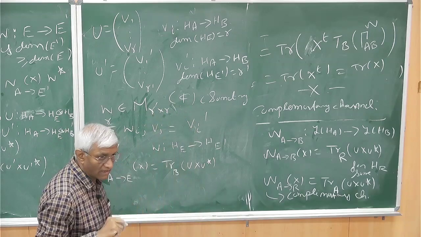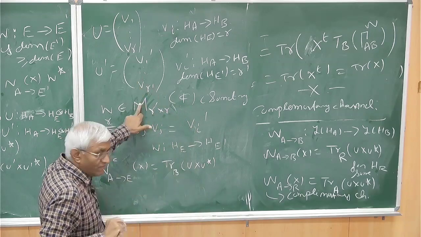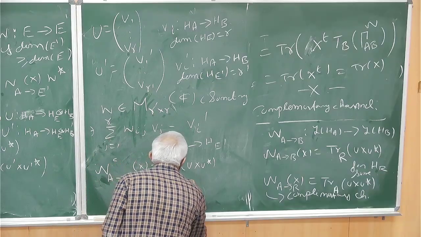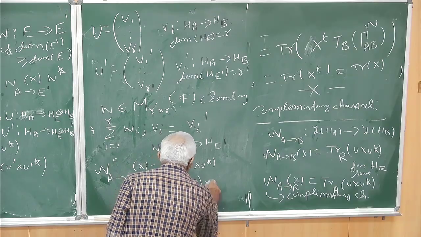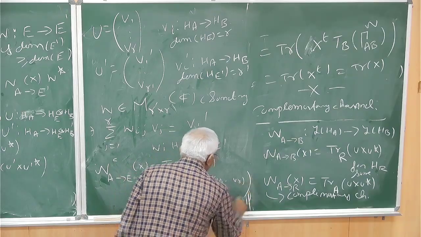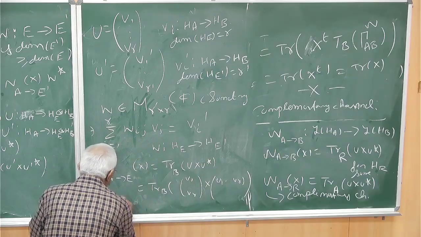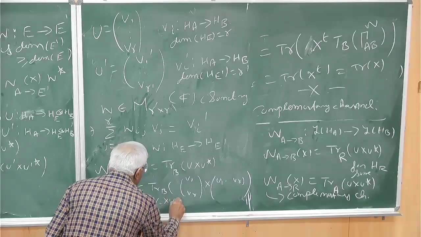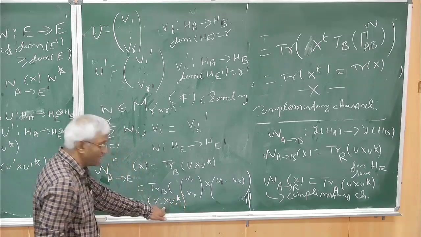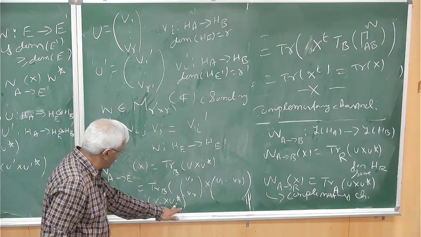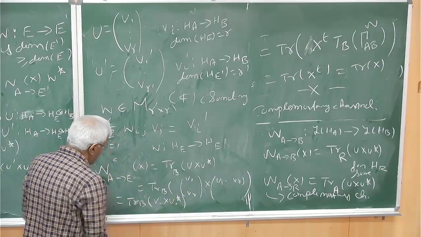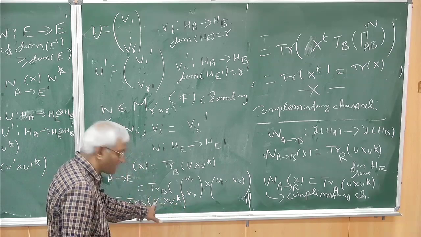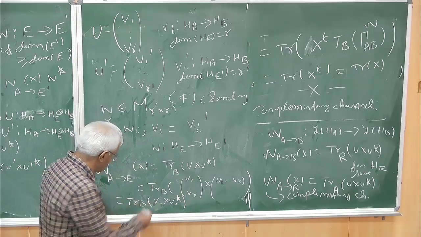And U is made up of V1 up to VR. So this is just the trace over B of the matrix with entries Vi X Vj star, a matrix of matrices. If you take the trace with respect to B, it is just the trace of each entry.